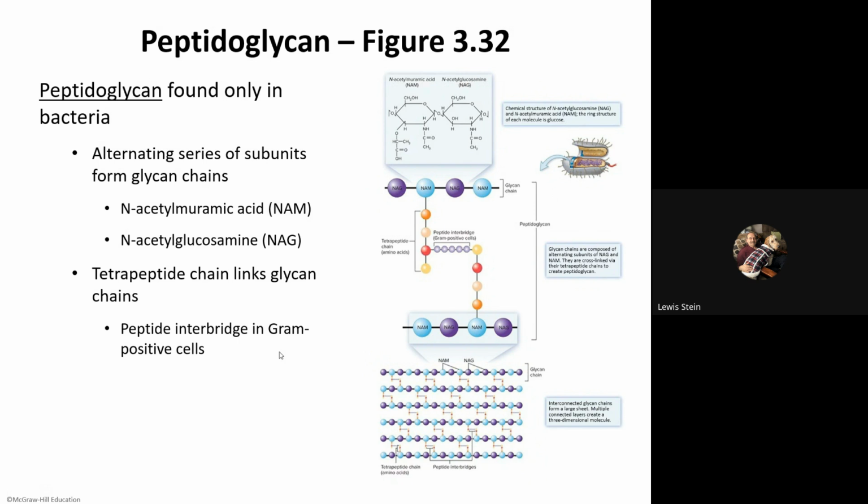It helps you. So, an alternating series of NAMs and NAGs, glycan chains, with a tetrapeptide chain linking them together. Peptide interbridges, particularly in gram-positive cells, keep those bridges aligned and allow large stacking of them. So that's the first thing you have to understand.